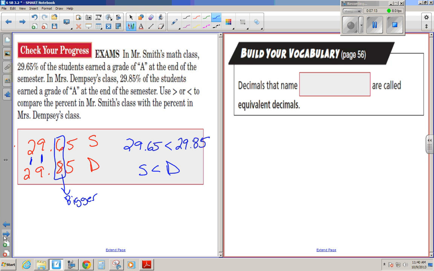All right, another vocabulary word is equivalent decimals.